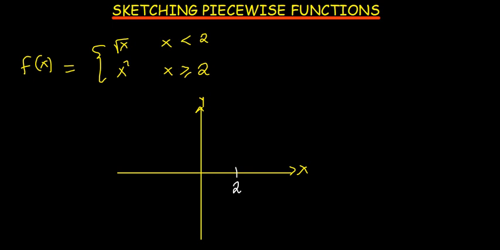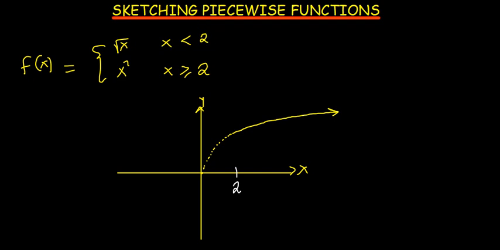Now here we've been told this is the square root of x. We know that for square root of x, the function is supposed to go like this. This is how the function is supposed to move. But remember, this one is only valid for values of x less than 2.